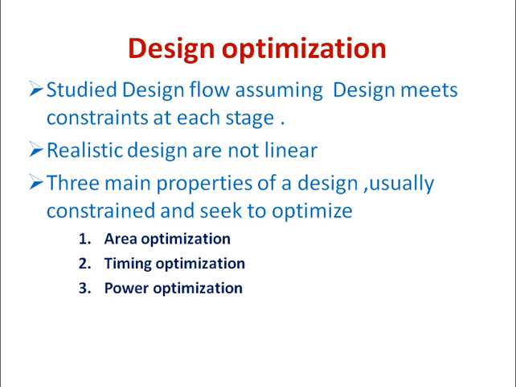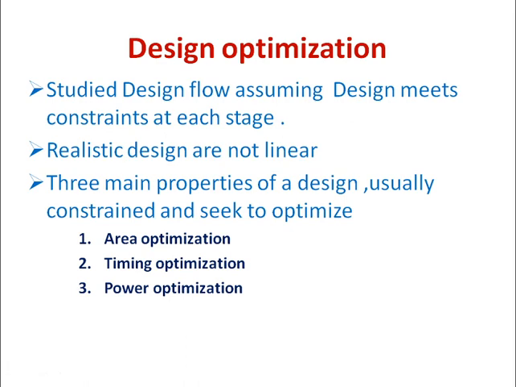If we discover during some stage of the design flow that there is no feasible optimization, we need to revisit earlier stages to revise design choices we had previously made. We showed that in the flow chart of the design flow. If it doesn't meet the design constraints, you have to go back to that particular stage and redesign.